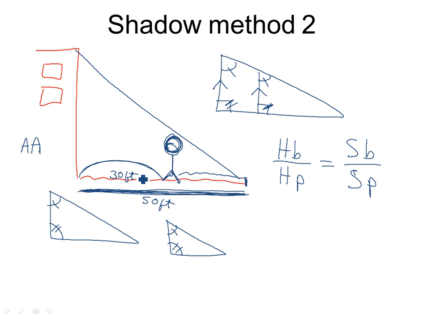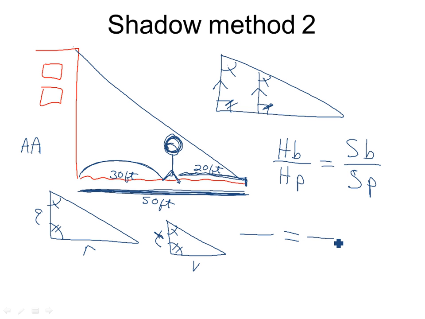Well, if the person's 30 feet from the building and it's 50 feet the whole thing, then that means the person's shadow out here has to be 20 feet. And you use that in your proportion. And again, I'm going to do some letters over here on these bottom ones. Maybe we use Q, R, T, and V in our proportion.